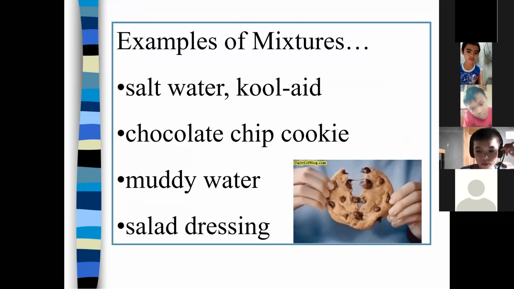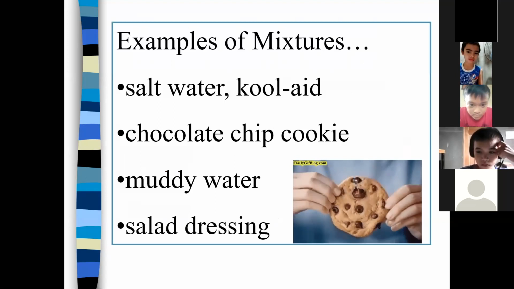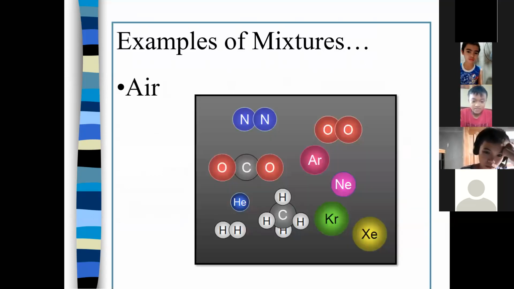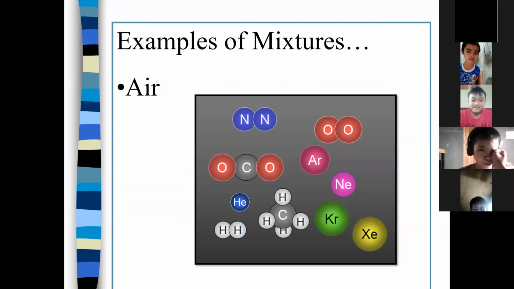You can have a cookie and chocolate, so they may not be as one component. Also, air is uniform. You cannot see all the other components, but basically every component of the air is present there.